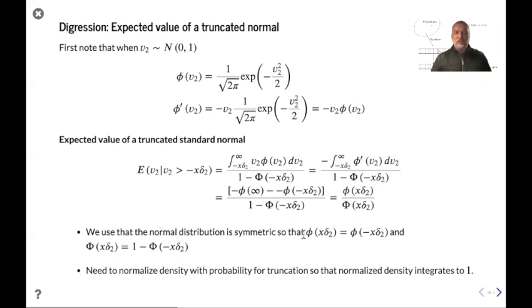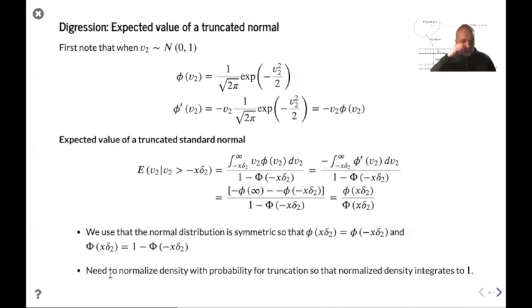We are using the fact here that the normal distribution is symmetric, so that the standard normal density evaluated at x delta 2 is equal to the standard normal density at negative x delta 2, and then you also have phi being equal to 1 minus phi at negative x delta 2. So that's just the symmetry playing into these equations. Maybe it's a good exercise to sit down with pencil and paper so you get these steps.